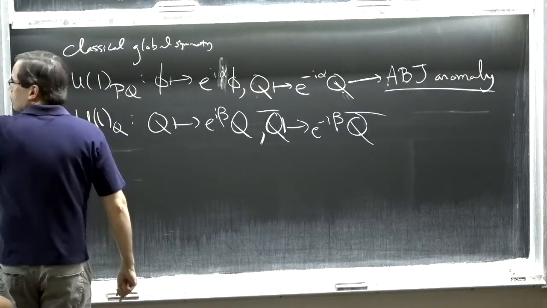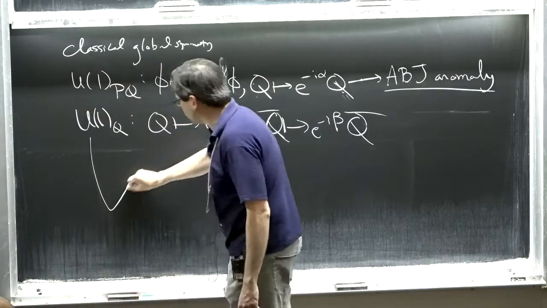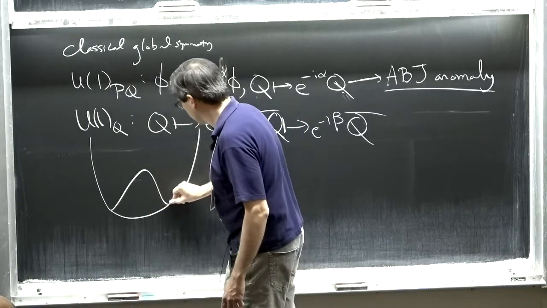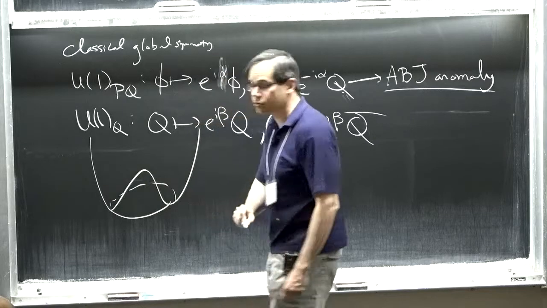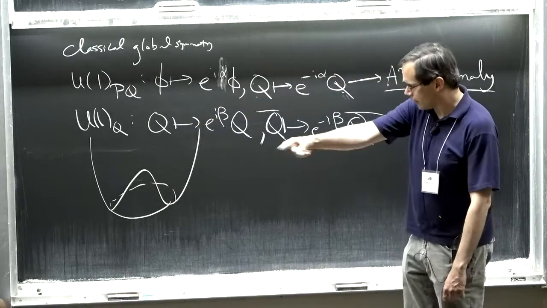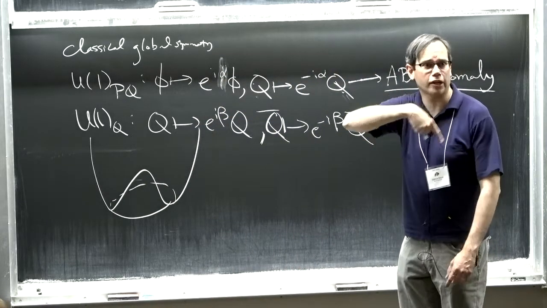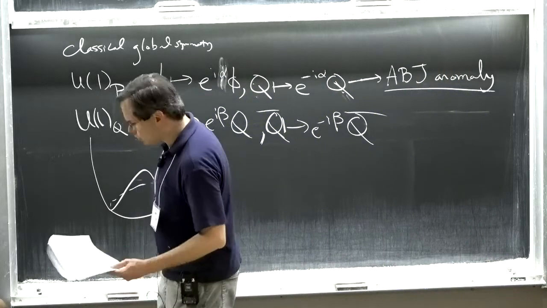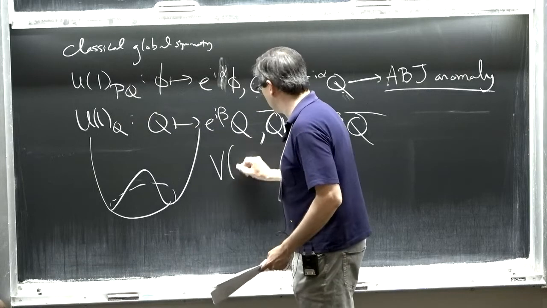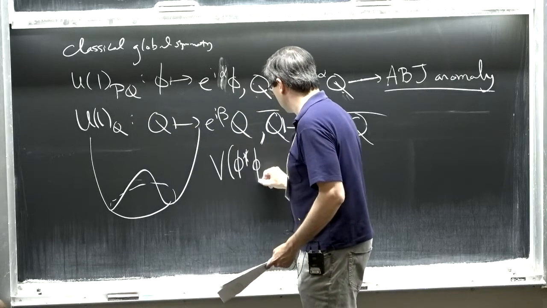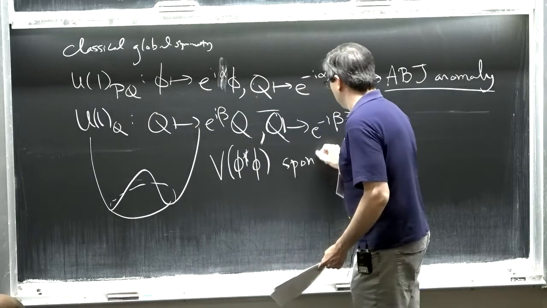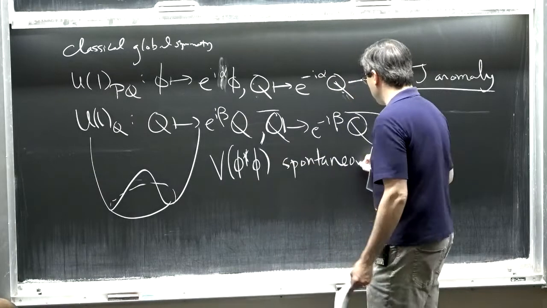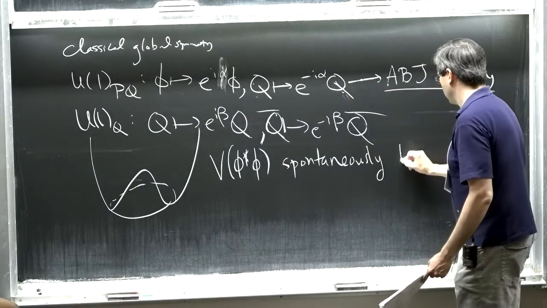The key assumption of this model is that our potential has the classic symmetry breaking shape. It's a function of the magnitude of phi, but it has a minimum, which is a circular valley that spontaneously breaks the U(1) PQ that acted on phi.